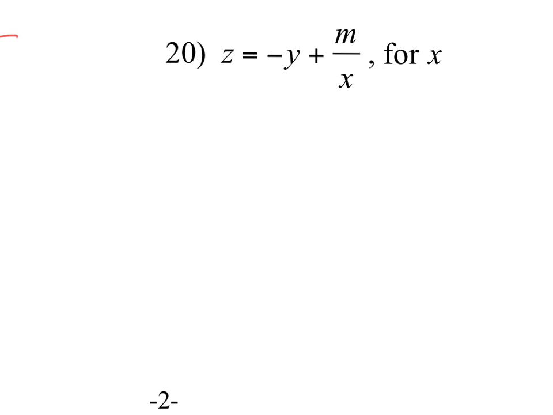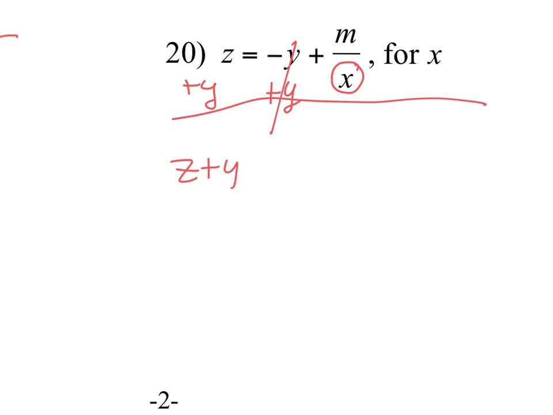Last problem, we're going to circle the x. The x does not move, everything else does. We have to move over the other term to the other side first, so plus y. When I rewrite that, I'll have z plus y is equal to m over x.